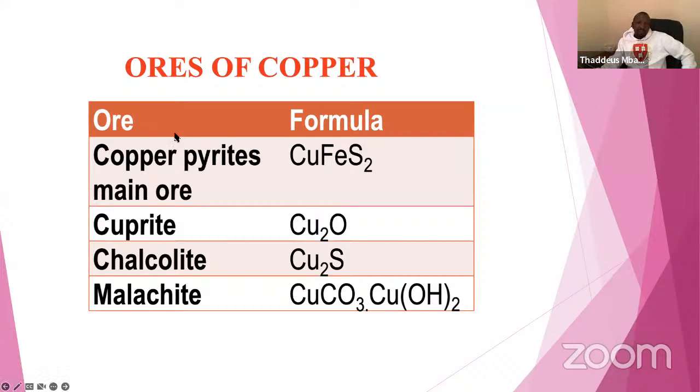This is not really the formula of the ore, but the formula of the main component of the ore. Remember, the ore is not just this compound; it contains other impurities. The most important thing for you to understand is the formula of the main component of the ore. So we are okay there, we can proceed.